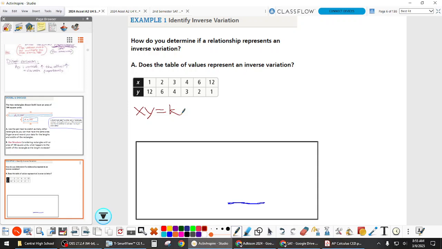So what is K? X times Y is always 12, right? We do need to be a little bit careful with this concept because I can't just randomly choose numbers, one going up and one going down. In this case, whatever we pick has to equal 12.